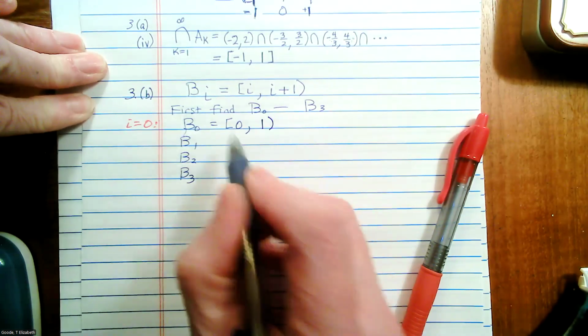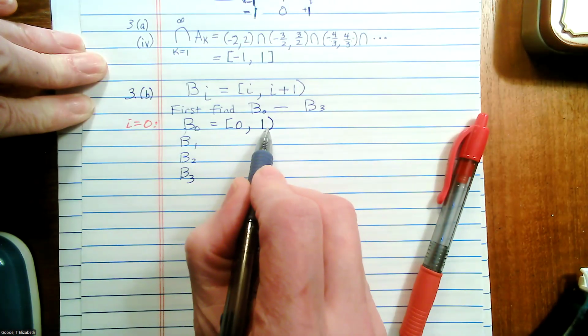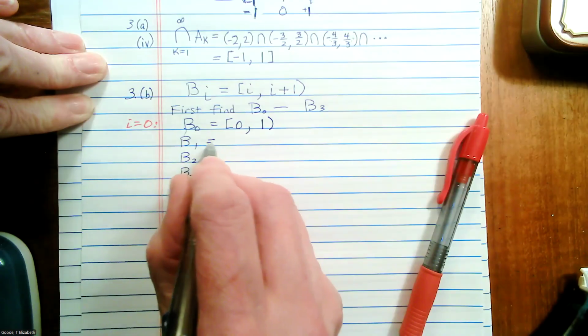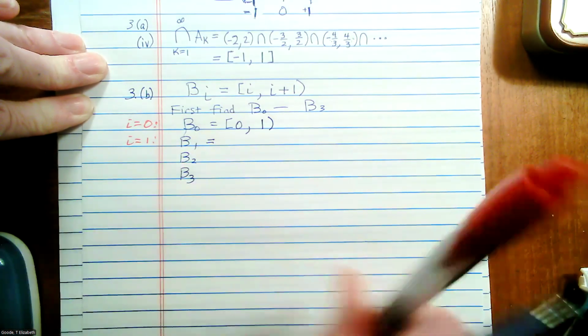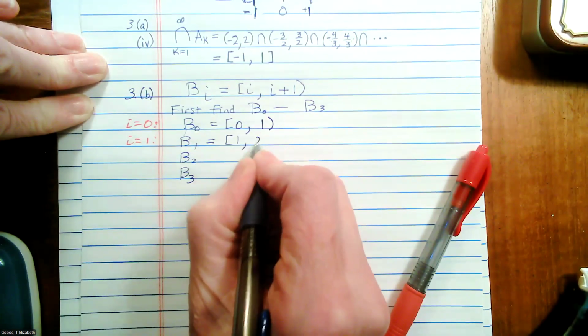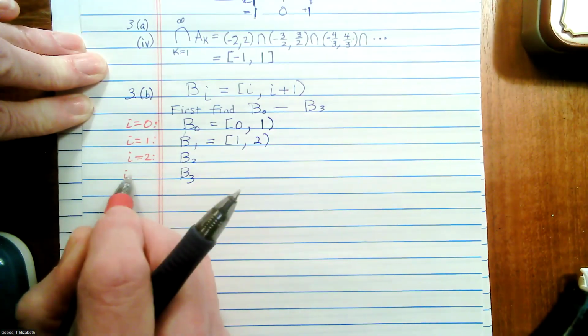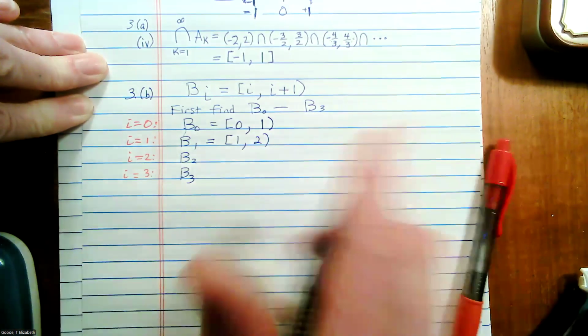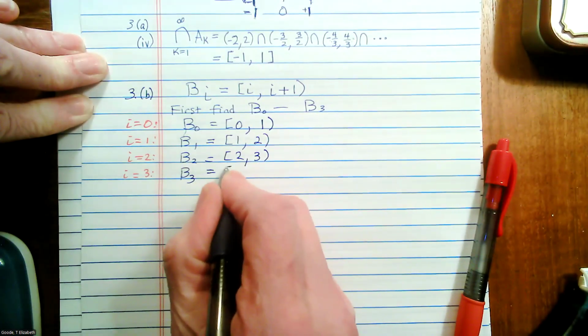Notice how this set includes one end but excludes the other. Exactly, you got it. What's B1 going to be? That's 1 and 2. Same kinds of brackets and soft brackets, right? B2 is going to be 2 and 3. And B3 is 3 and 4.